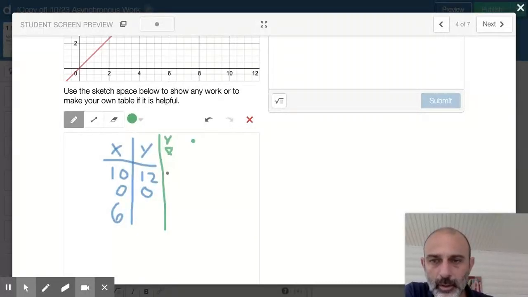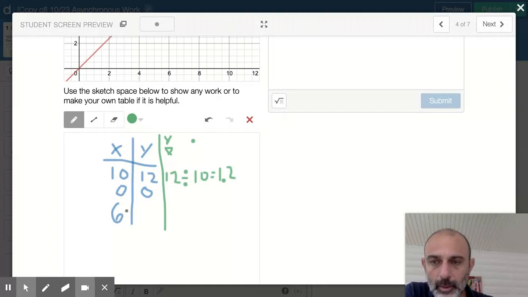So in this case, it's going to be 12 is y divided by 10, and that is 1.2. So that means I'm doing 10 times 1.2 to get 12.